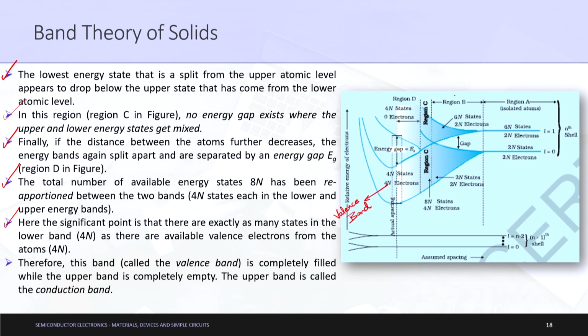So, basically region D is your semiconductor, region C is your conductors and region A is your insulators, if we take all the topics discretely. Therefore, this band called the valence band is completely filled while the upper band is completely empty. As you can see, this is completely empty, as in there are 0 electrons here. So, the upper band is called the conduction band.